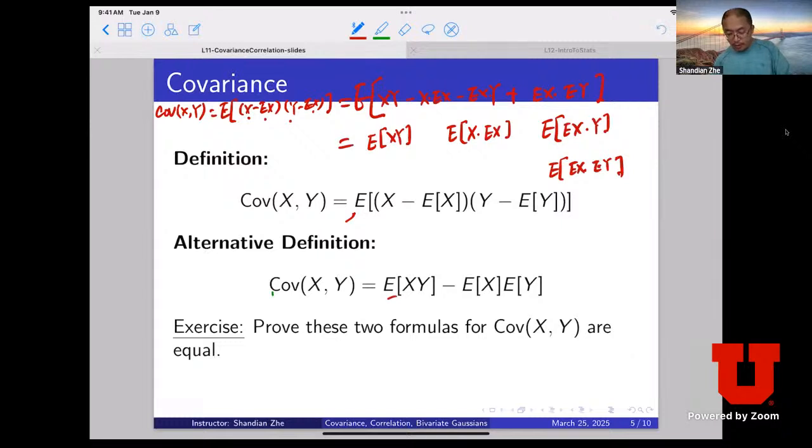Then we put the linear combination outside, filling in between those expectations with the original operations: minus, minus, plus.